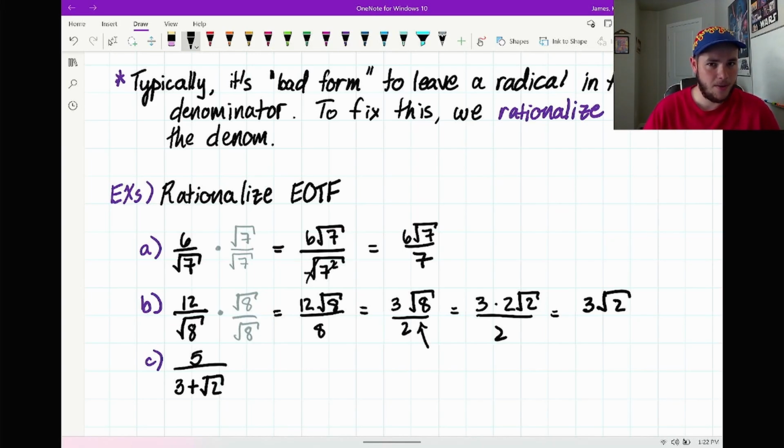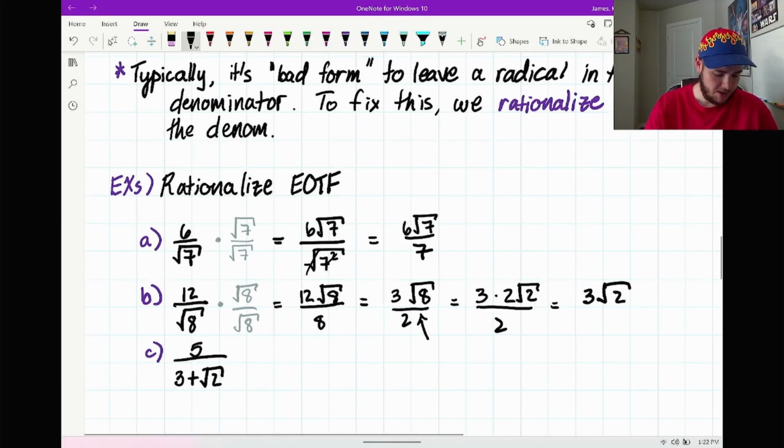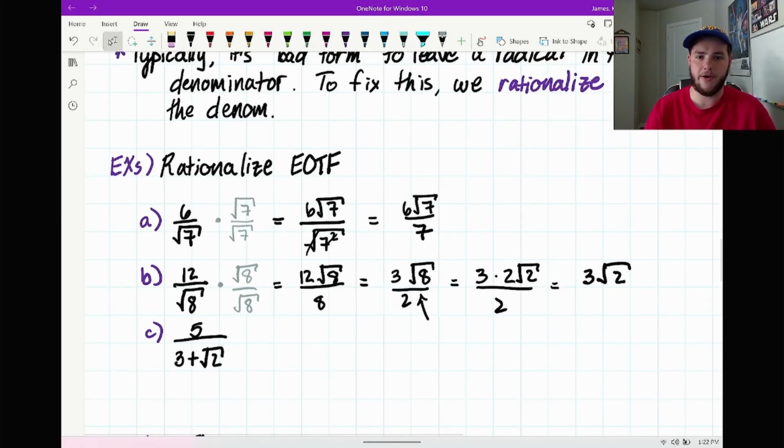In part C, this would still be considered bad form because I've got a radical in the denominator, but this one's not quite so simple to rationalize. Instead, we need to use a trick that's not at all obvious at first, called using the conjugate.